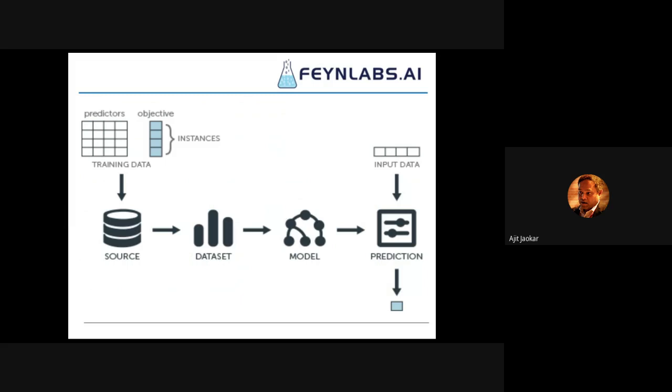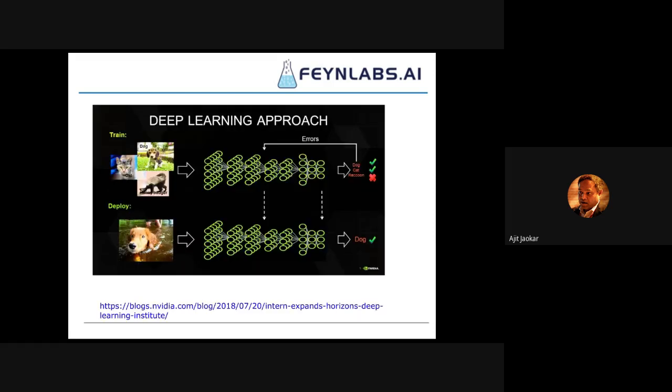So this is the general flow of AI, meaning that you have training data, you have a data set, you have a model, and you have a prediction based on the data set. This is how it looks in a little bit more detail when you do neural networks. What you're looking at here is a series of artificial neurons, which are sort of mimicking the human brain.